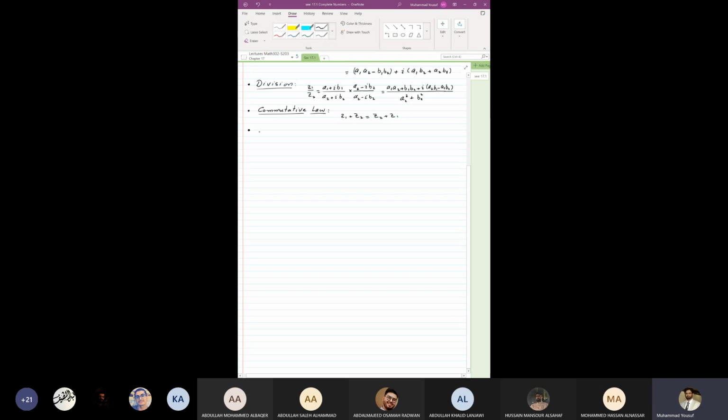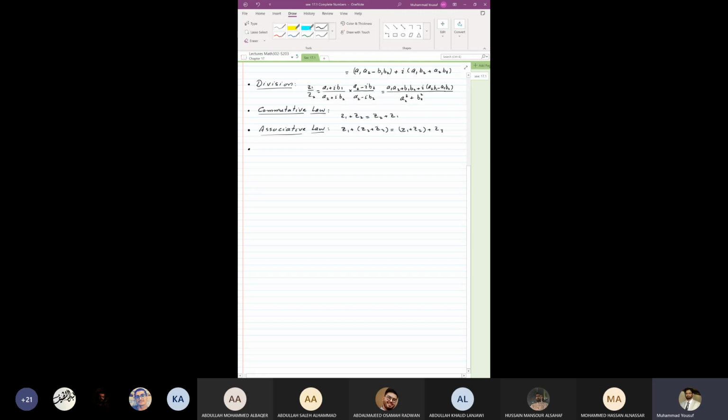And the associative law or property is that if we have Z1, adding Z2 and Z3, this is the same as we add Z1 and Z2 first and then we add Z3.